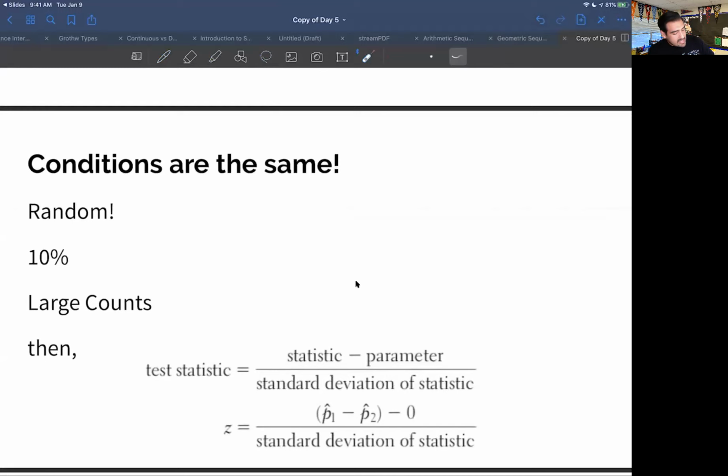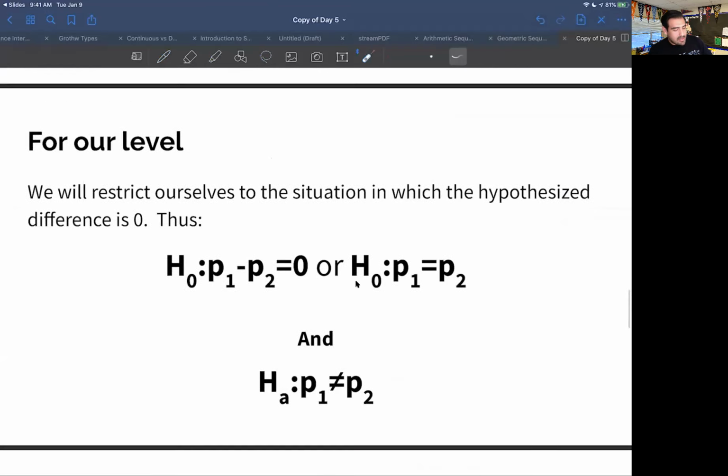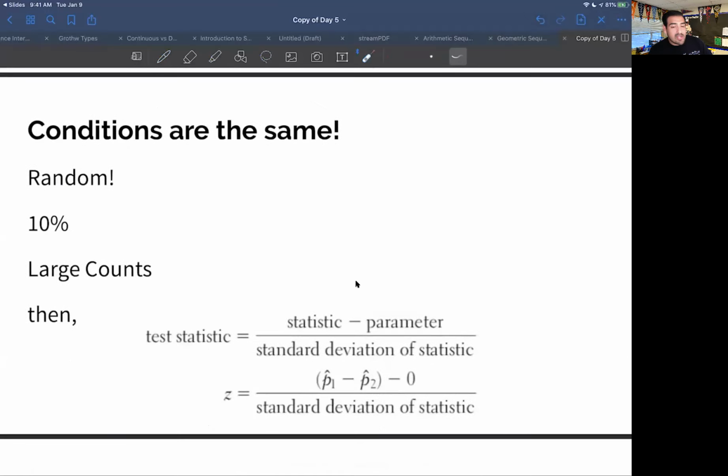The statistic that we're collecting is the difference of the 2 samples that we've collected. We're assuming the difference is 0, just like we did up here. So we're assuming that the new center is 0.